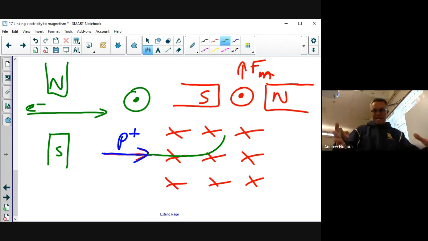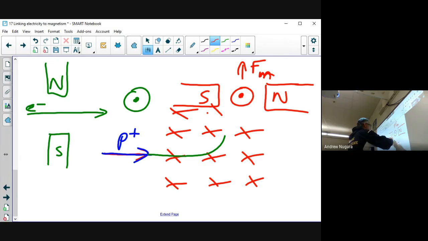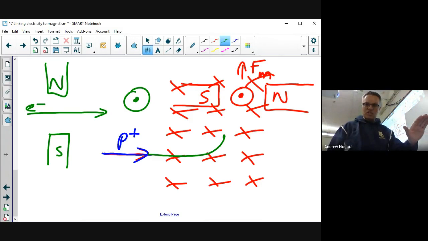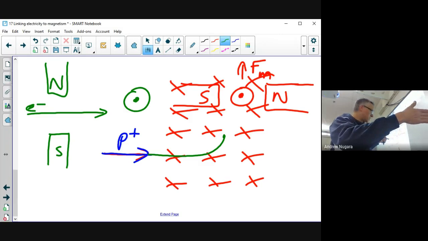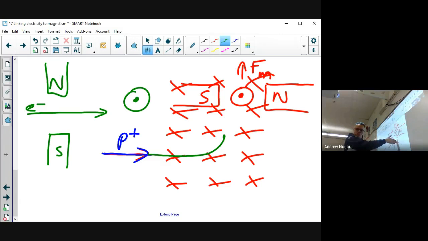Now, just to get ahead of ourselves a little bit, if you go on to lesson 18, I think it is, if I extended that magnetic field up here, once the proton gets to this point, now you're going to have to change your hand configuration because now the proton is moving up. The magnetic field is still going into the board, and so which way is it deflected at this point? It's deflected to the left, as you can see right here. So if it gets deflected to the left, it goes like this.